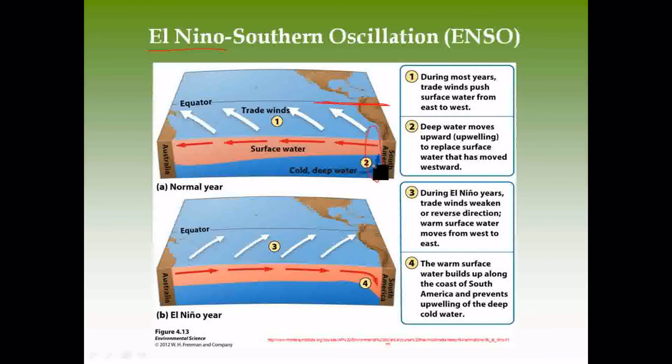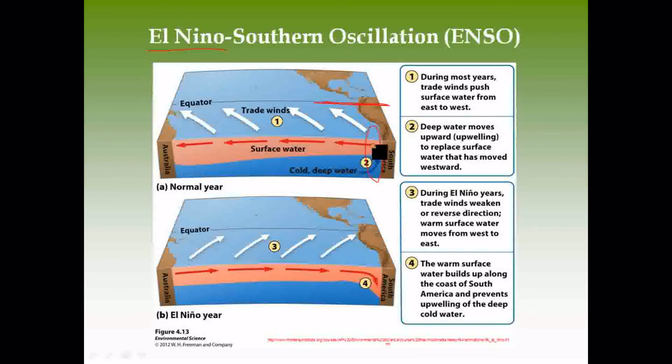Alright, so what normally happens is the trade winds, remember the Hadley cells, blow in this direction most of the time. They blow from east to west. As a result of that, it literally pushes warm surface water of the Pacific towards Australia and towards Southeast Asia.